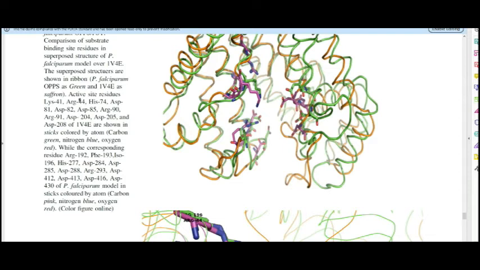And here they give the active site residues for the OPPS, which has the protein databank code of 1V4E. And then the residues in their predicted structure are down here.